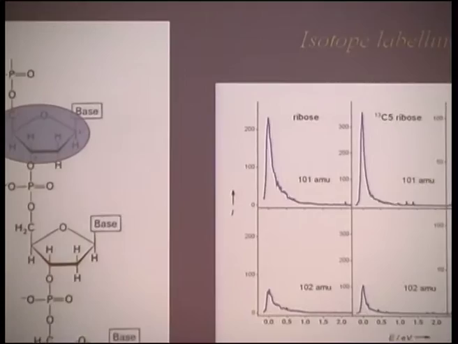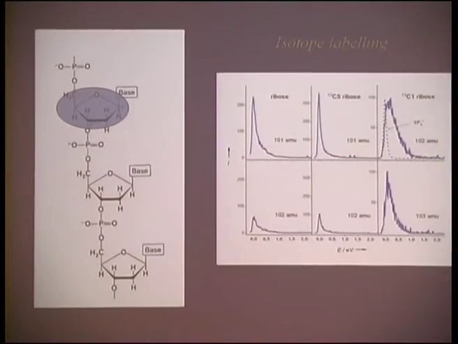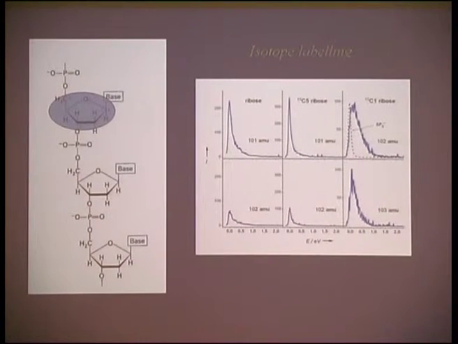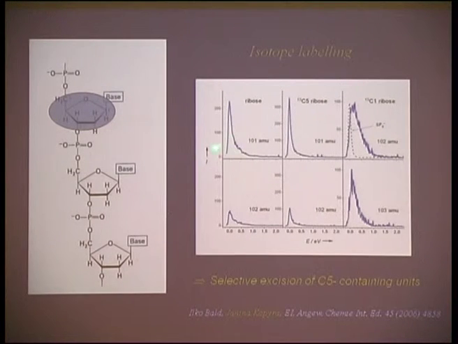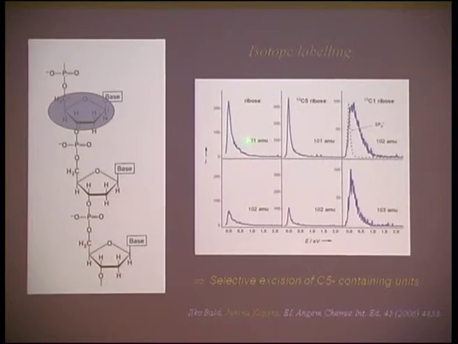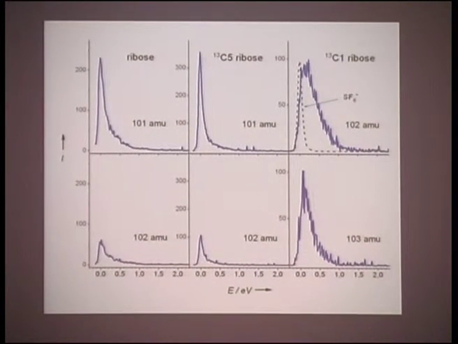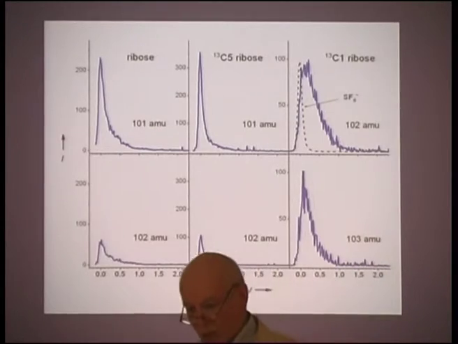And we investigated some sugar molecules quite in detail, and I cannot go into details here, but what you can see here, these are just mass units. We did some isotope labeling experiments, and you could see that sugars are sensitive to electrons already close to 0 eV, so you don't need energy to break the sugar apart.